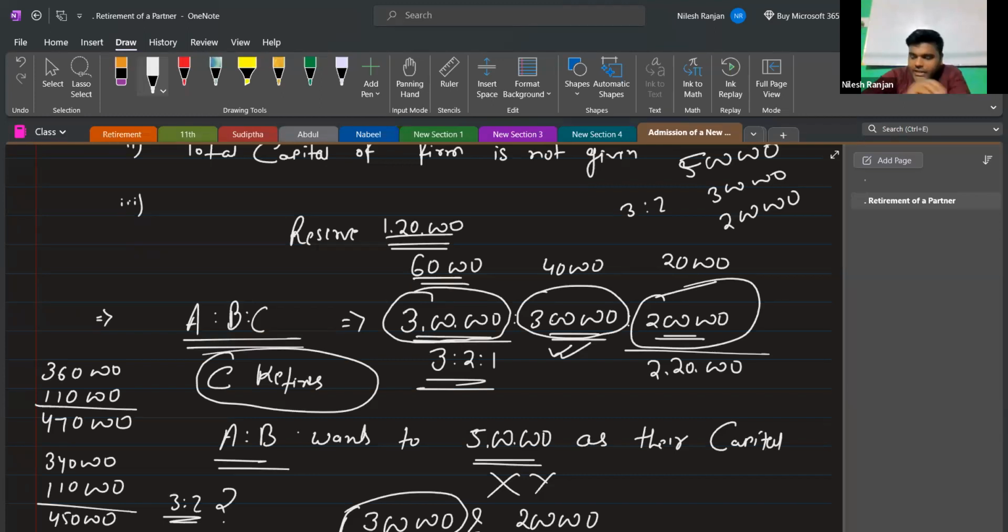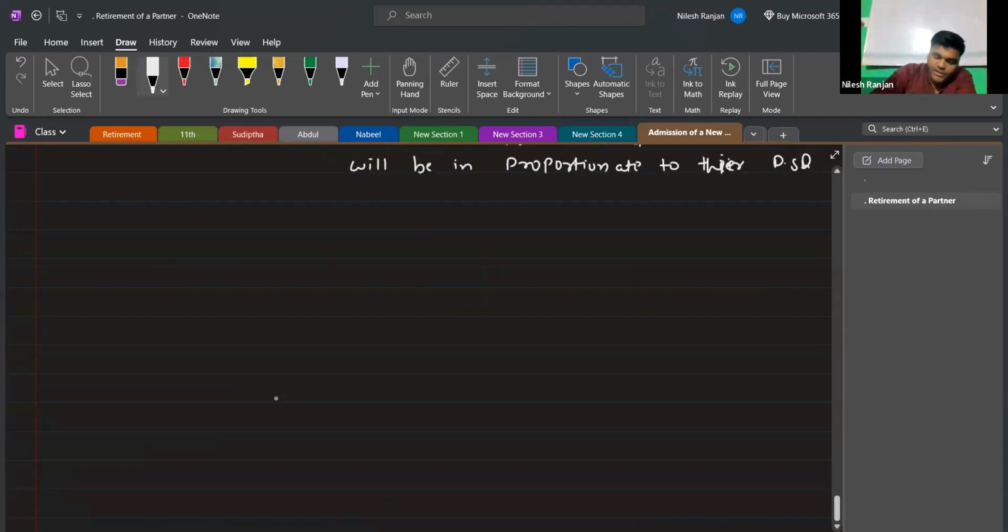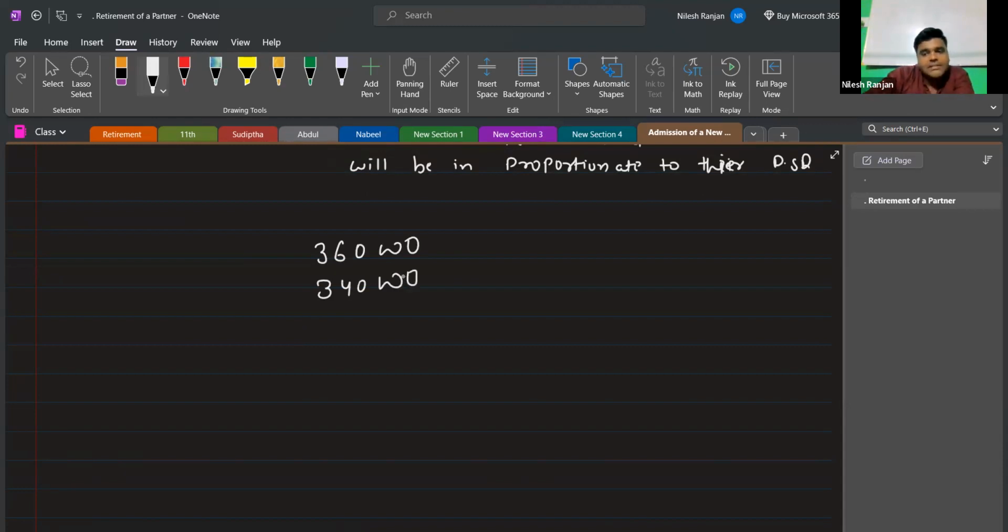So what we have to do here, we will take their 3,60,000 of A, 3,40,000 of B. This is their total adjusted capital, 7 lakh. And if both are bringing cash 2,20,000.